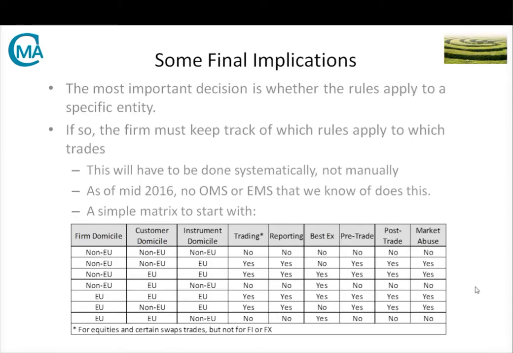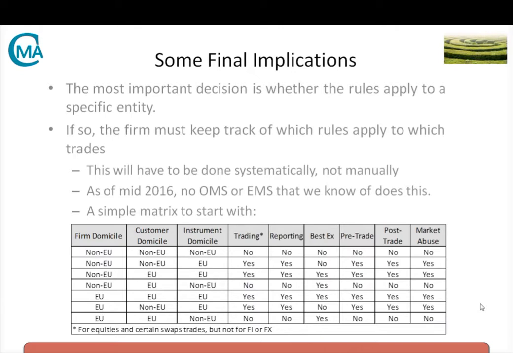So we put together a symbol matrix here that says, as far as we know, this is where the rules apply for Europe. The actual matrix would have to be several times this size because we need to know the same thing for other jurisdictions. And nobody that we know in the vendor space has this.